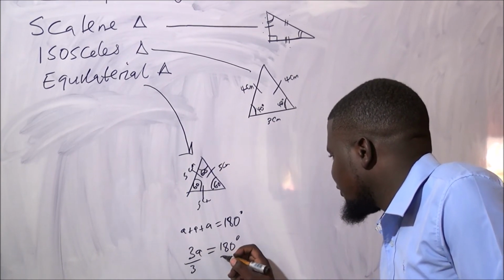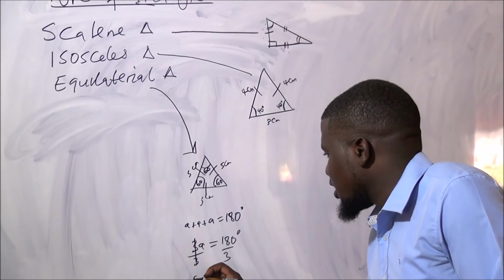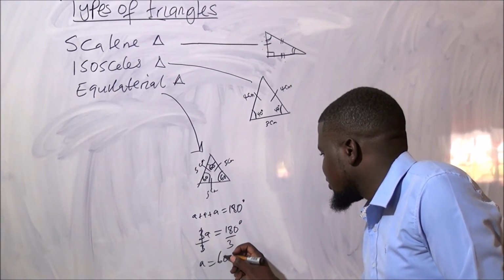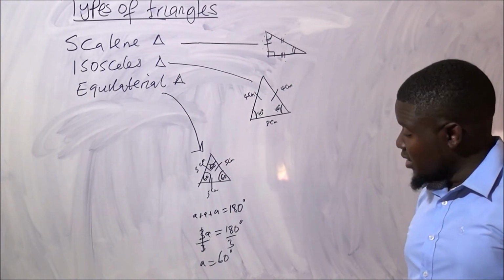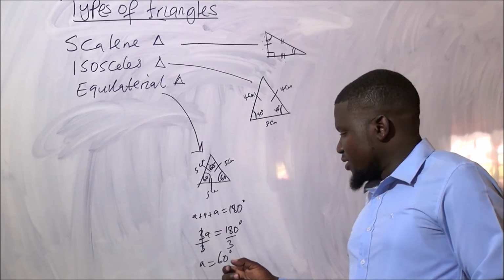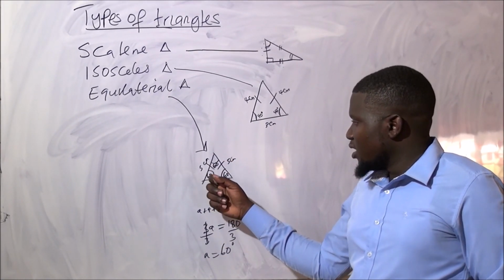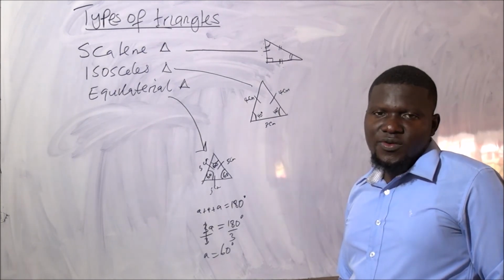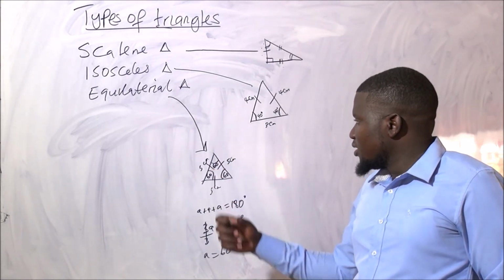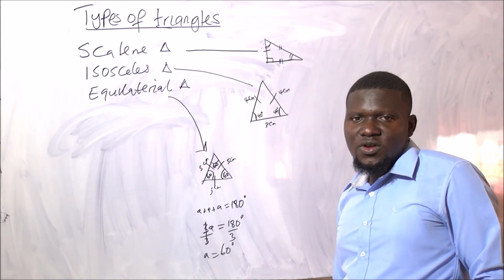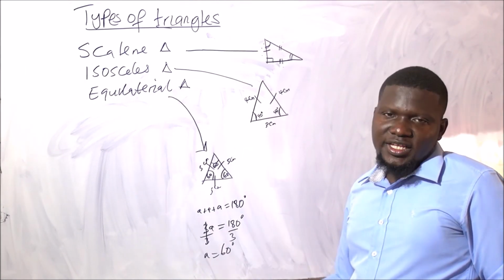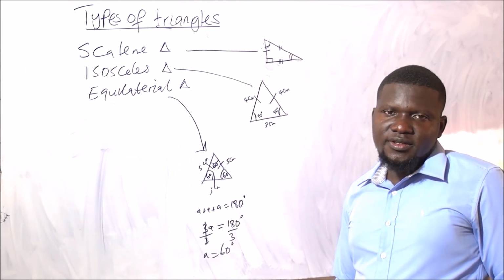Divide by 3, my A is equal to 60 degrees. 3 goes into 180, 60 times. So this is the angle at every point of the triangle. So each angle of an equilateral triangle is equal to 60 degrees.